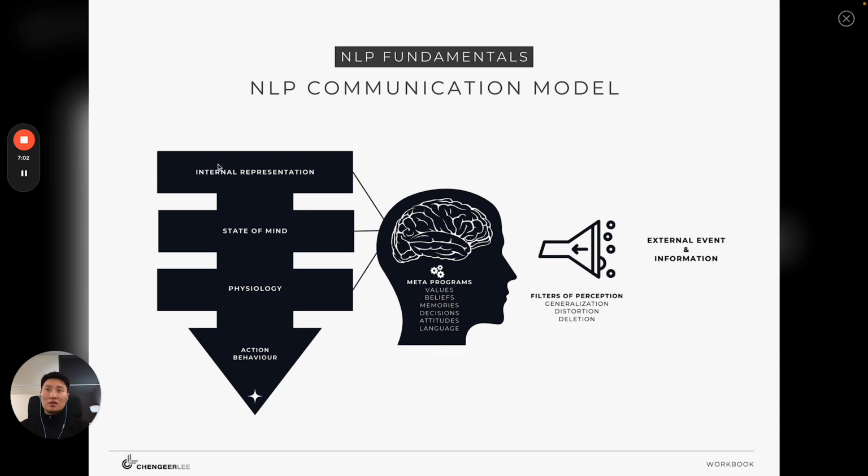So the way you build a narrative, this internal representation, creates a certain state of mind. It creates the physiology, and then again the mind responds to the physiology in a certain way, and then action or behavior, right? We change the external world through our actions and behavior, and this external experience brings us new data, new information, and this is constantly a loop going on, right?